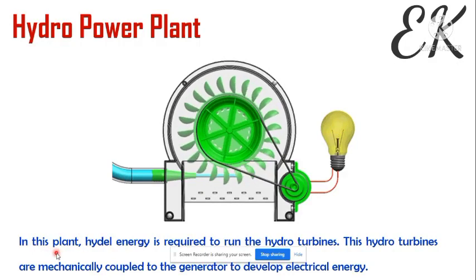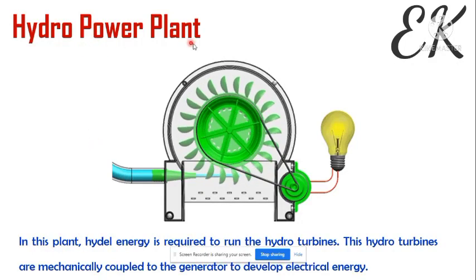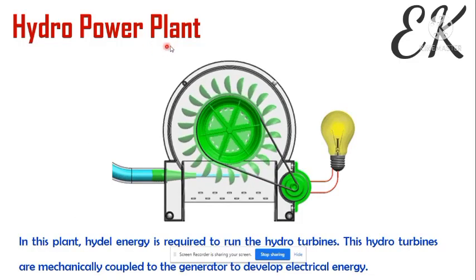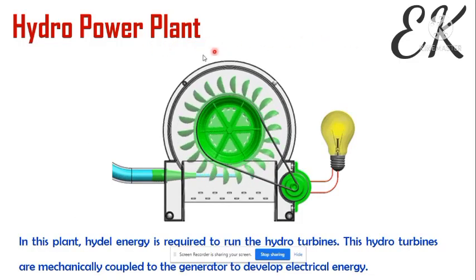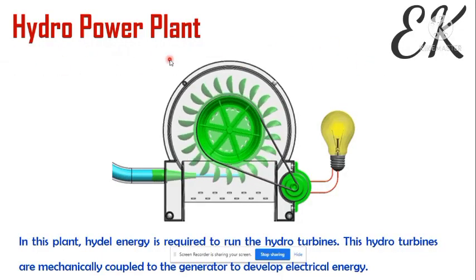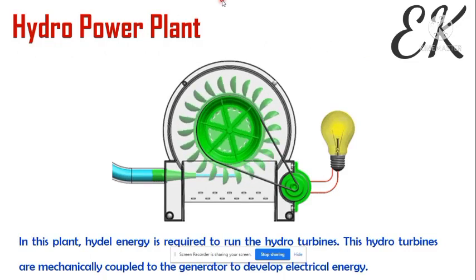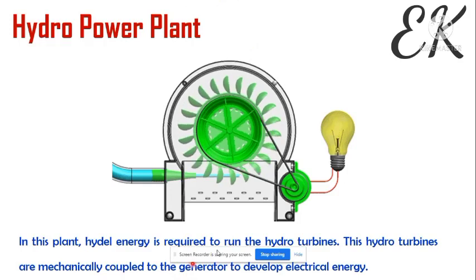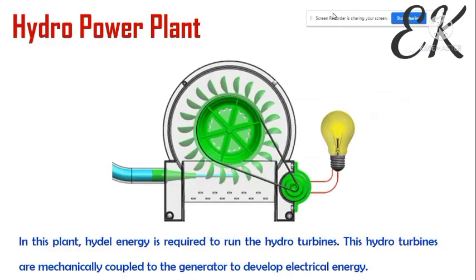In this power plant, first of all, the power plant definition is the plant where the electrical power is generated. If the electrical power is generated by means of hydel power, then you call it a hydropower plant. So, in this power plant, hydel energy is required to run the hydro turbines.